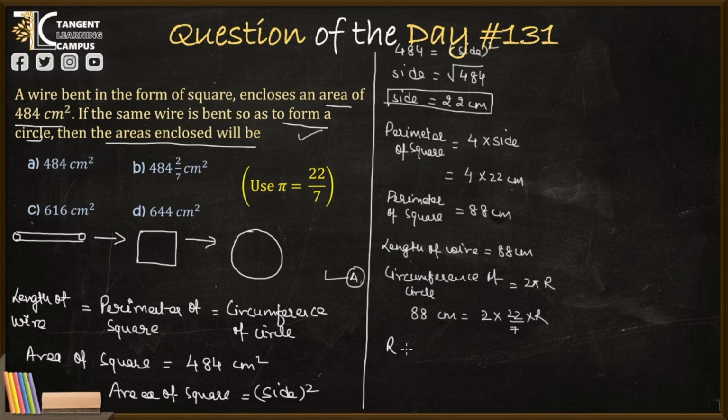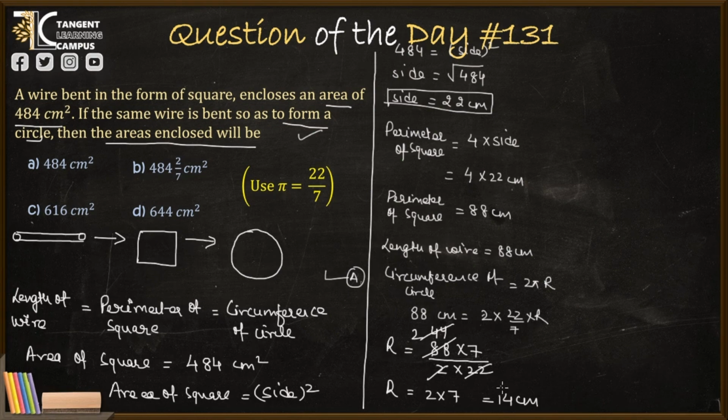So from here we can write radius is equals to 88 into 7 upon 2 into 22. Now we can cancel 88 by 2, so here we get 44. Again we can cancel 44 by 22, so we get 2 here. So radius is equals to 2 into 7, which is equals to 14 centimeter.